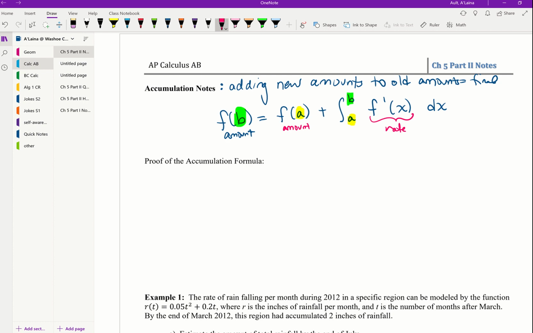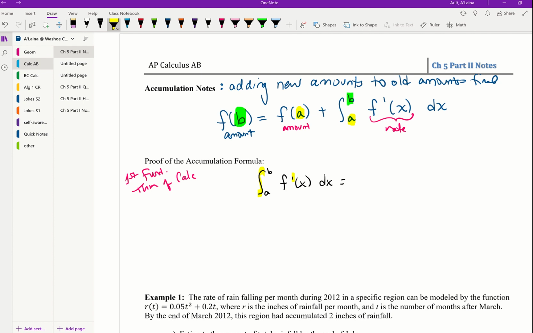Now, where does this come from? This actually comes from the first fundamental theorem of calculus. The first fundamental theorem of calculus is what we use when we're evaluating a definite integral. If I'm taking the integral from a to b of f prime of x dx, well, the integral would undo the derivative.